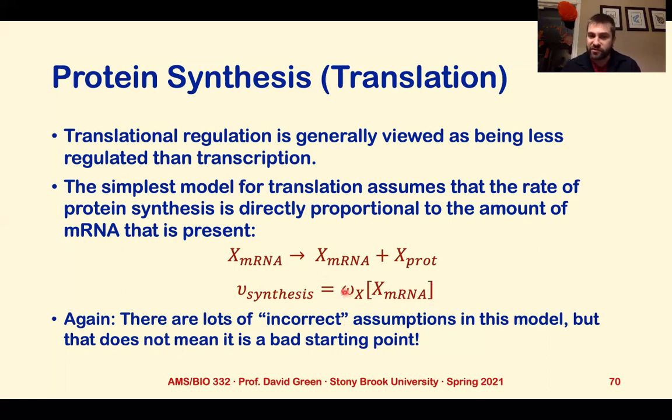This could be adjusted into something that looked more like a logistic model, or which has a lot of similarities to the Michaelis-Menten form, saturated dynamics, where yes, it increases linearly when it's low, but when the concentration of mRNA gets high enough, it maxes out at some maximal rate that corresponds to the availability of resources, for example.